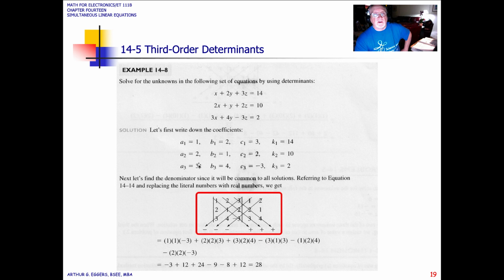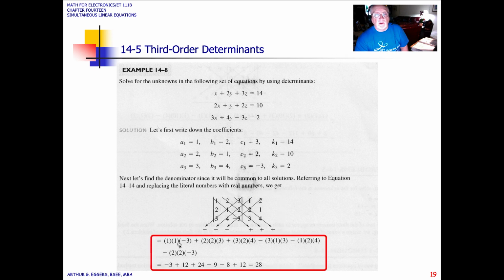So you see we have 1, 2, 3, 2, 1, 4, 3, 2, negative 3, and then we take the first two rows and expand them off to the right, and then we create our diagonals, keeping track of which ones we add the products and which ones we subtract the products.